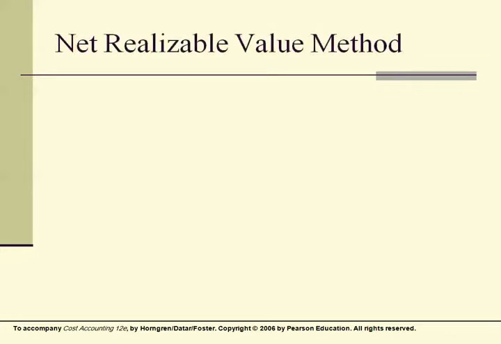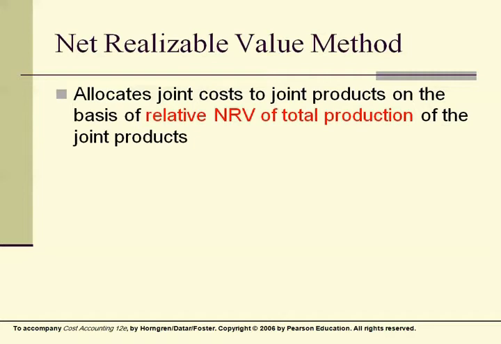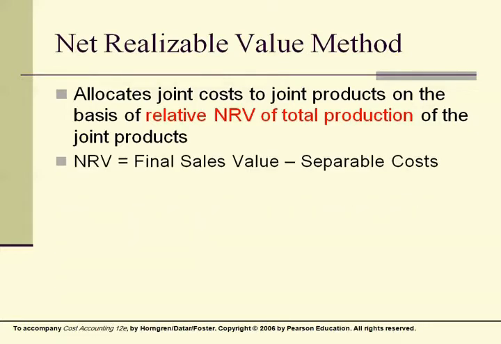Net realizable value method allocates joint costs to joint products on the basis of relative net realizable value of total production of the joint products. Net realizable value equals final sales value minus separable costs.